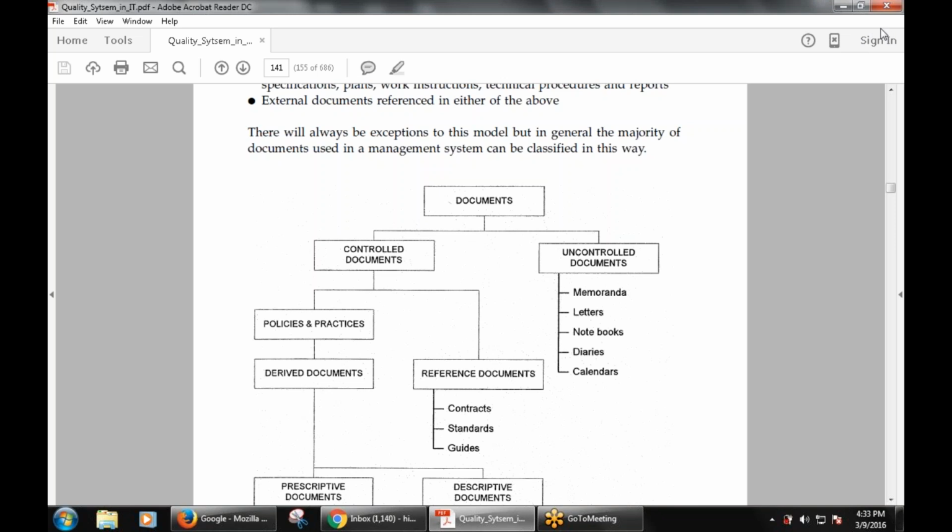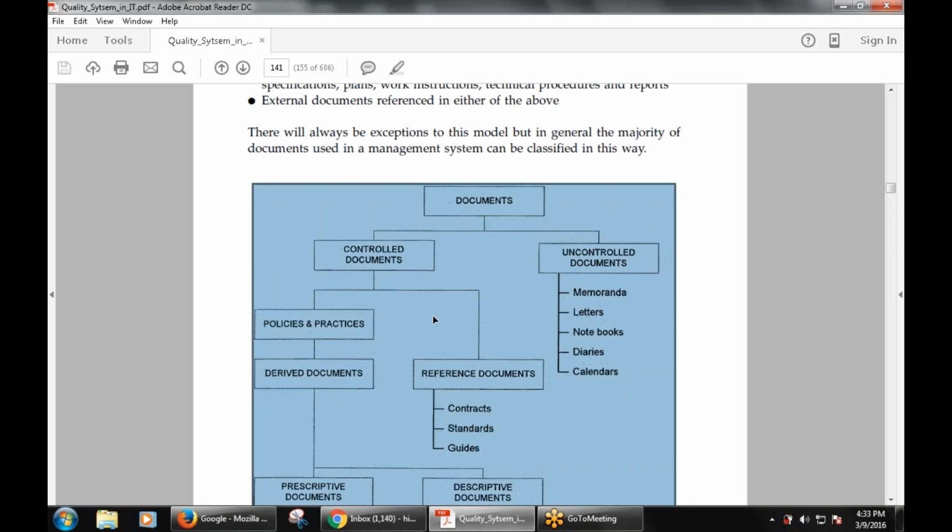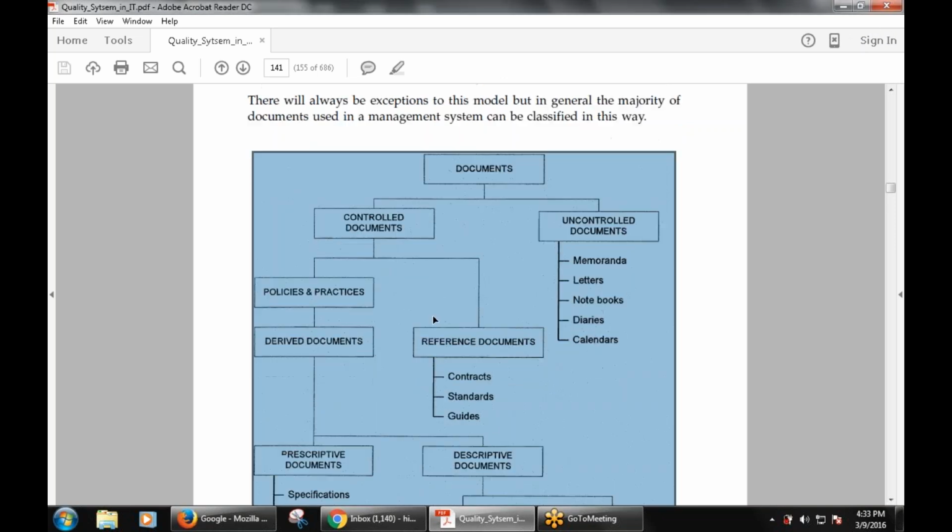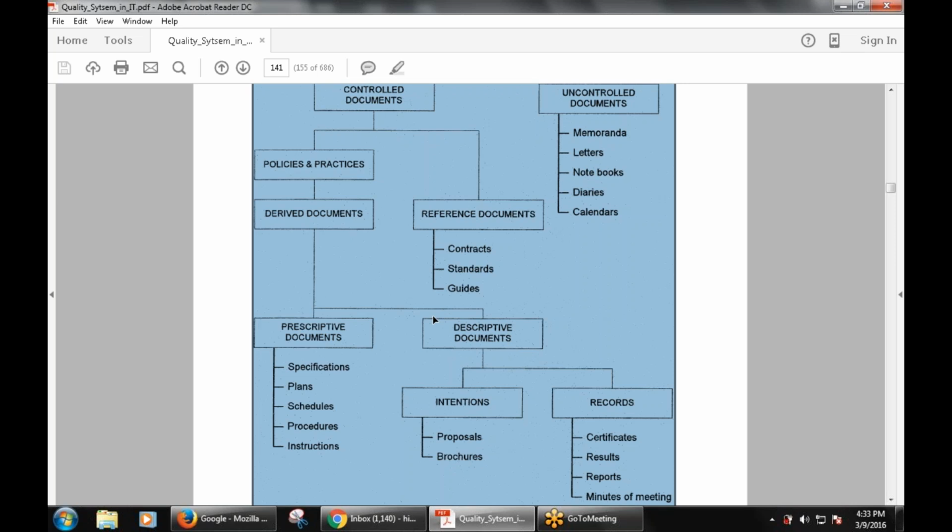So there is a controlled document and an uncontrolled document, and the controlled document is controlled by the organization. We can use the controlled document as well as the uncontrolled document for various references, for various reasons.